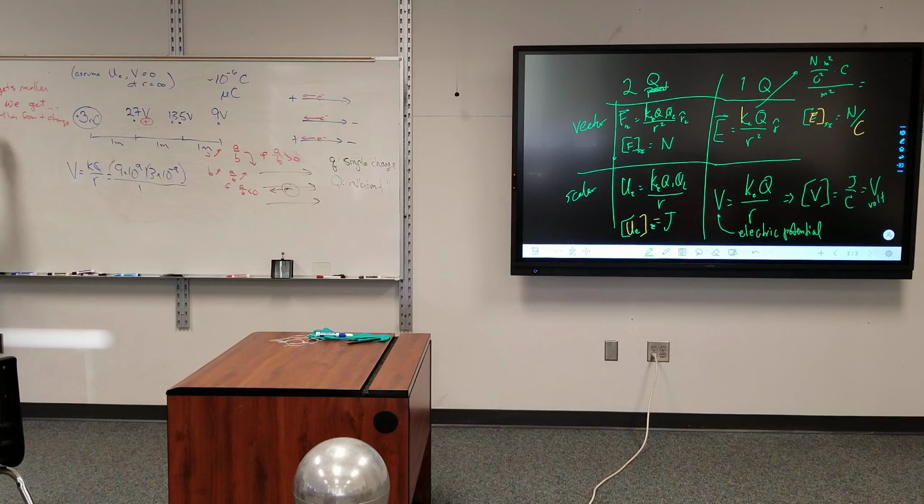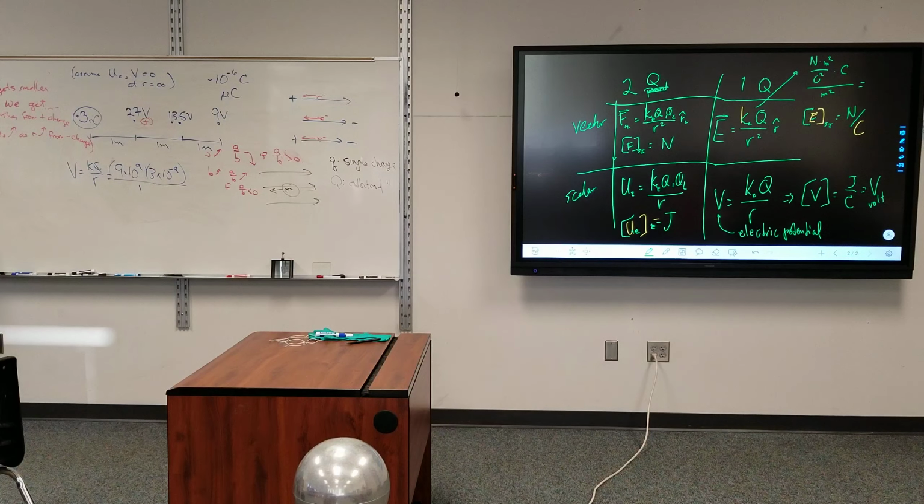Conversely, it gets bigger as we get farther from a negative charge. It gets bigger as R goes up from a negative charge. So that's the first half of the explanation.